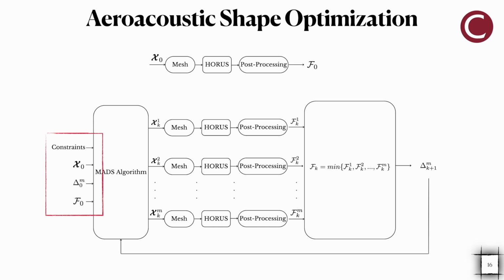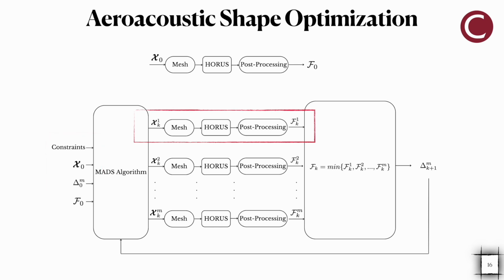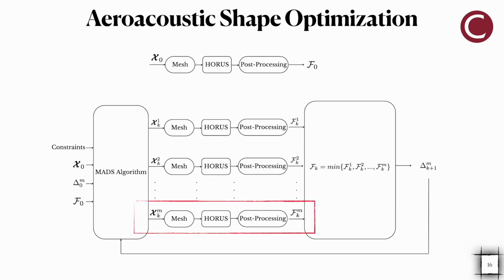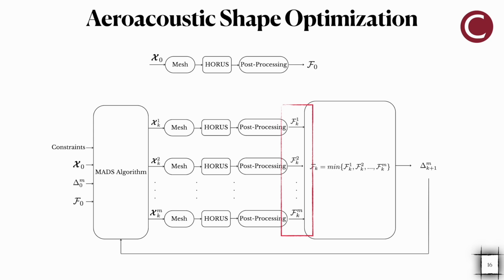So when we give these to the MADS algorithm, it will identify different candidate designs. And as I said, for each one of these candidate designs, we need to generate the mesh, run the CFD simulations, do the post-processing, and evaluate the objective function. After one optimization iteration, we will have the objective function value for each one of these candidate designs.